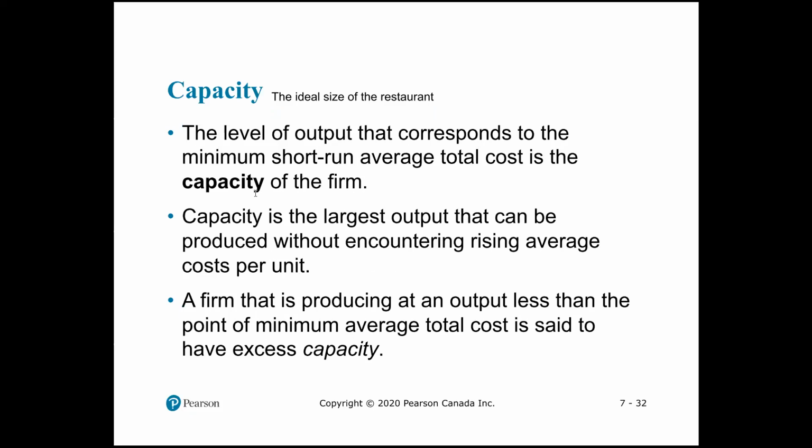So if my restaurant is meant for 100 people, then I have an exact perfect number of employees for that size. I'm not stretching too much or stretching too little.